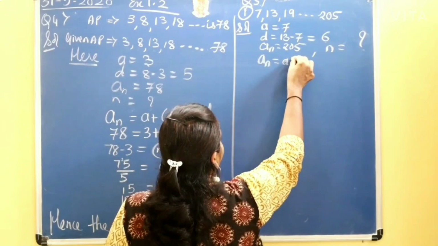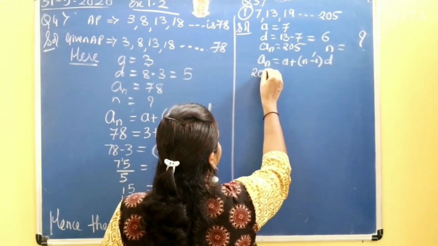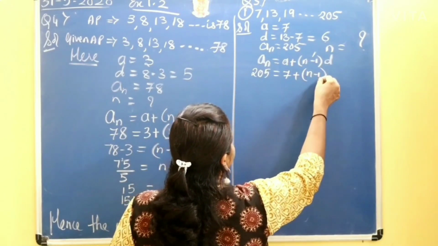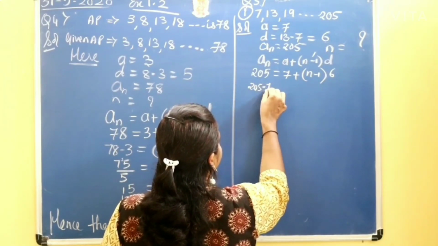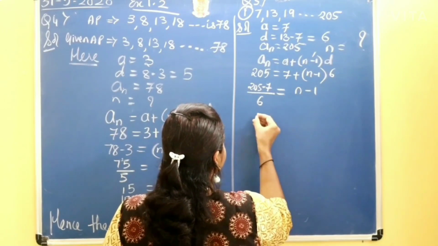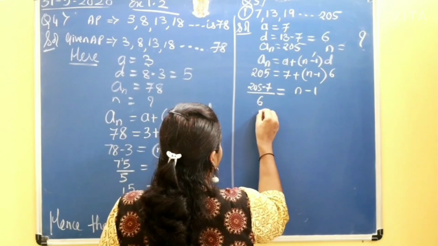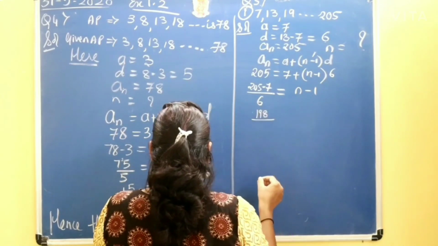AN is equal to A plus N minus 1 into D, 205 is equal to 7 plus N minus 1 into 6. 205 minus 7, divided by 6, you will get N minus 1. So this is 198.